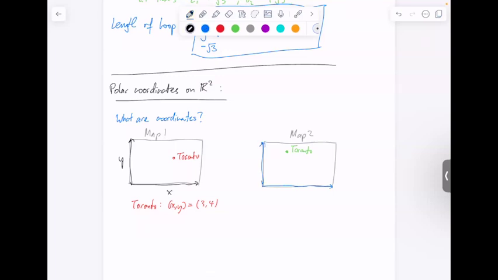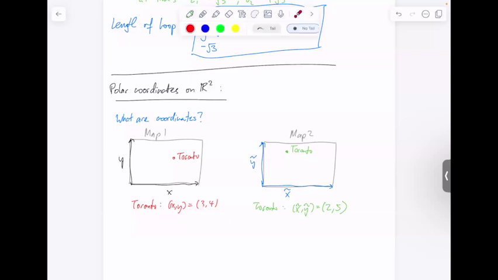I'll call this dimension X tilde, Y tilde. Toronto in this projection now has coordinates given by maybe 2, 5, right? 2 centimeters in the X tilde direction, and 5 centimeters in the Y tilde direction.